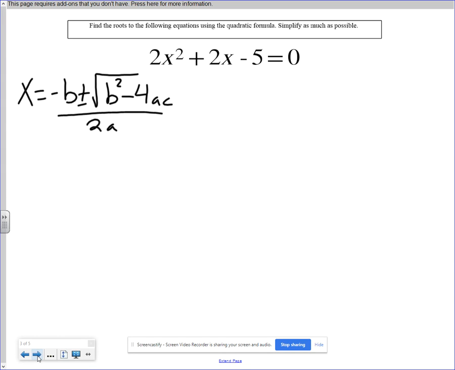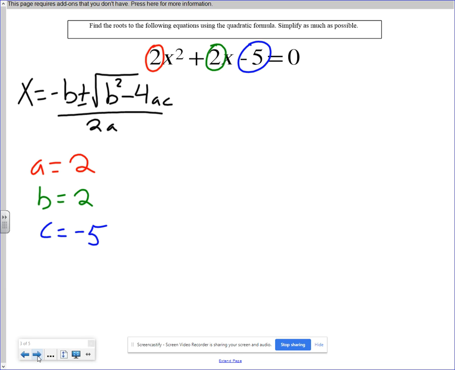Let's go ahead and find our a, b, and c for this equation. So first we check, is it in standard form? And yes, it is. So we can just go ahead and read our coefficients off here. So a is going to be 2. B is also going to be 2. And c is going to be negative 5.